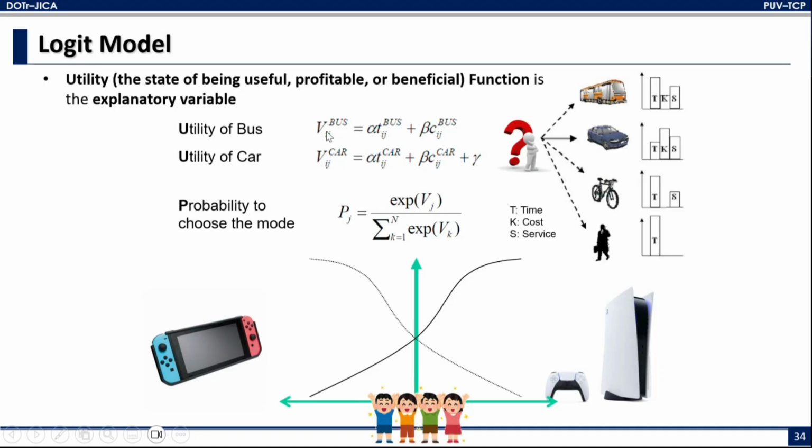So the utility, meaning the benefit of using the transport service, will be converted into some figure, and the utilities of each transport mode will be compared, and the modal share, called the probability to choose the modes, will be estimated.